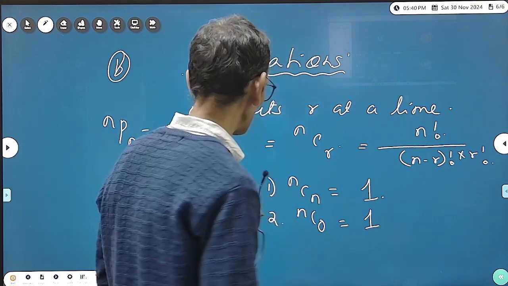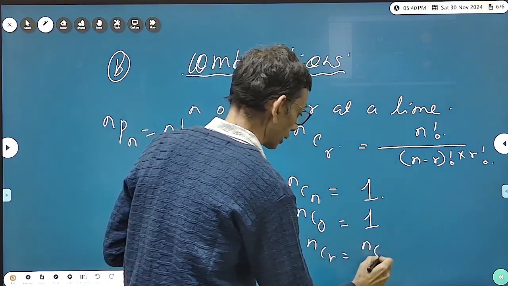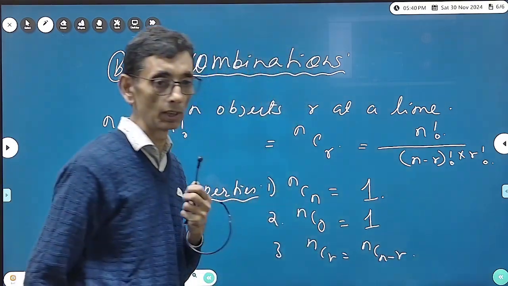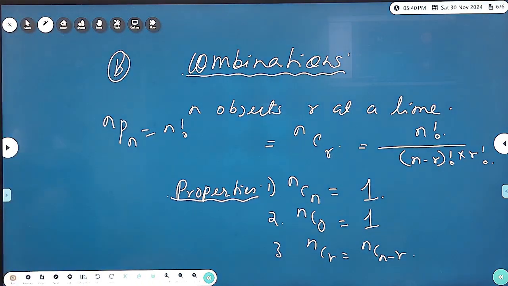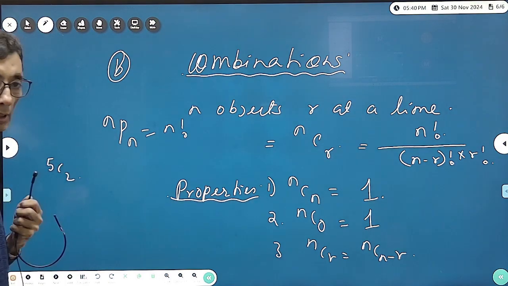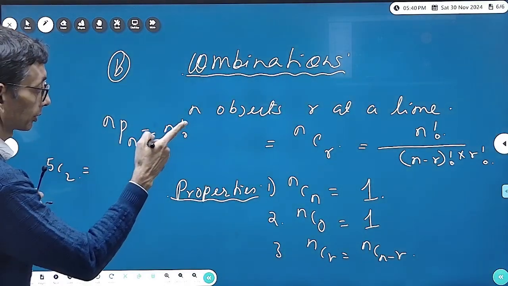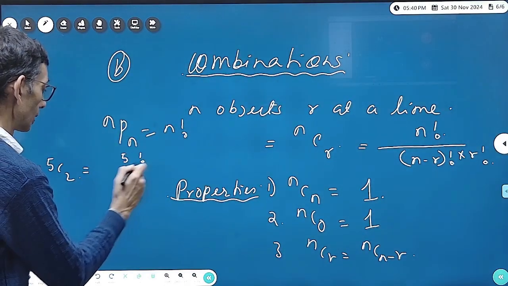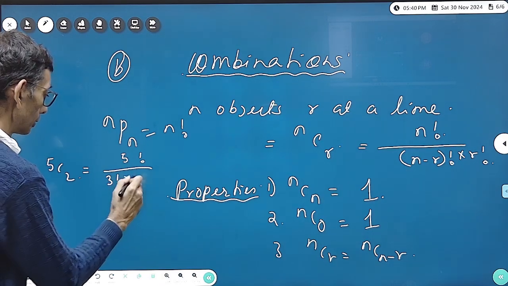Another very important property: nCr is always nC(n minus r). Remember this. Let's calculate 5C2. Factorial 5 divided by (5 minus 2) factorial, 3 factorial, into 2 factorial.